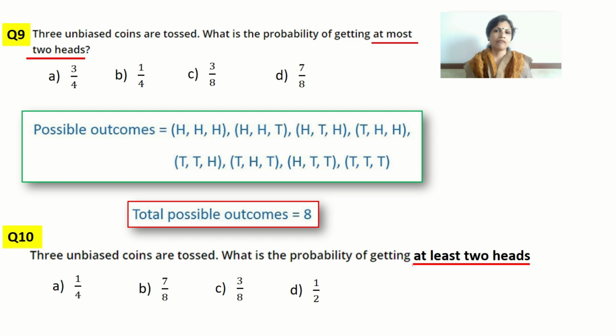Now please be very vigilant and careful here. The meaning of at most 2 heads is exactly 2 heads, or less than 2 heads, but not more than 2. So at most 2 heads means exactly 2, less than 2, or no heads, but it should not be more than 2.